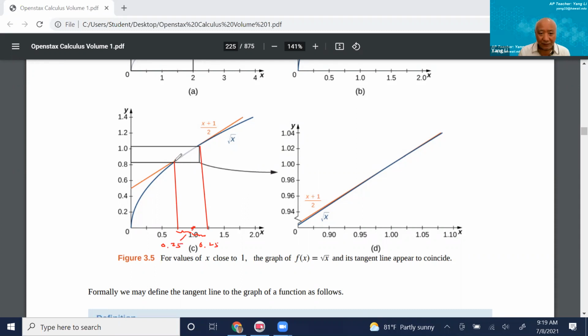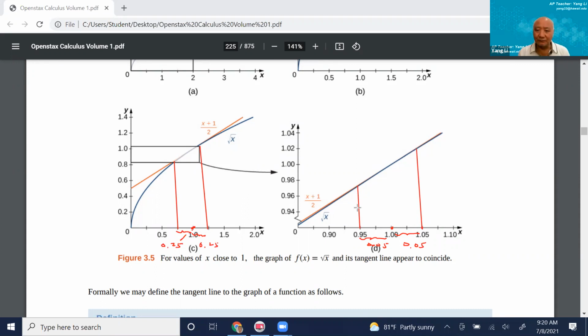This time the curved line and the straight line almost coincide. If we go even closer about 1, with 0.05 higher and 0.05 lower, you can see that the two graphs are almost the same.